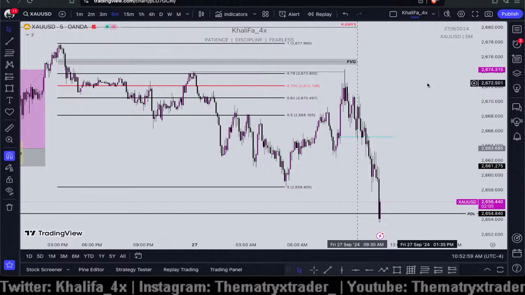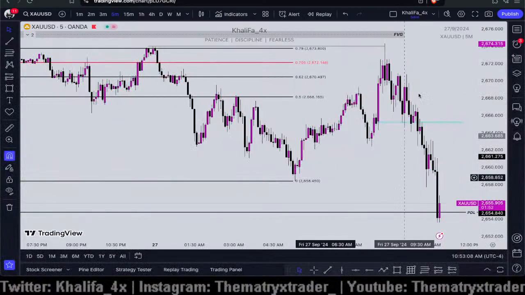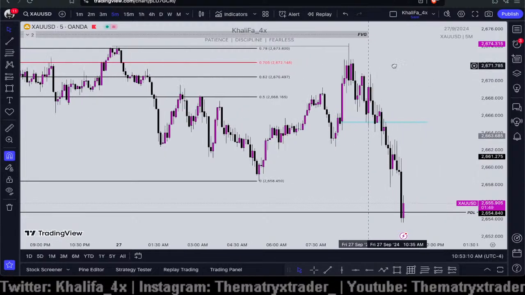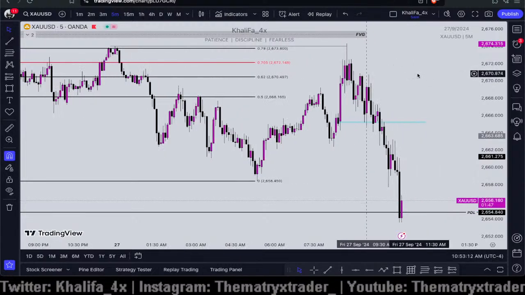But apparently it did not do anything like that. It just kept going lower and lower. That's what it does. You see, just one wick gave us an entry.